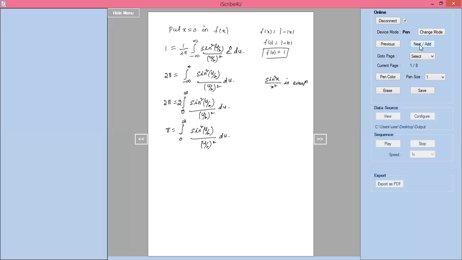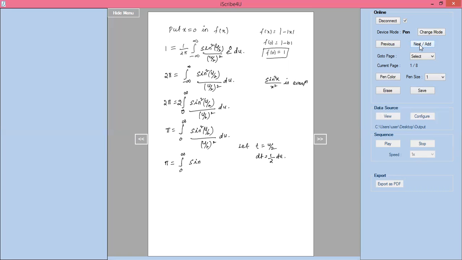Now take the substitution: let t equal u by 2, which means dt by du is 1 by 2, so du equals 2 times dt. The limits remain 0 to infinity only.